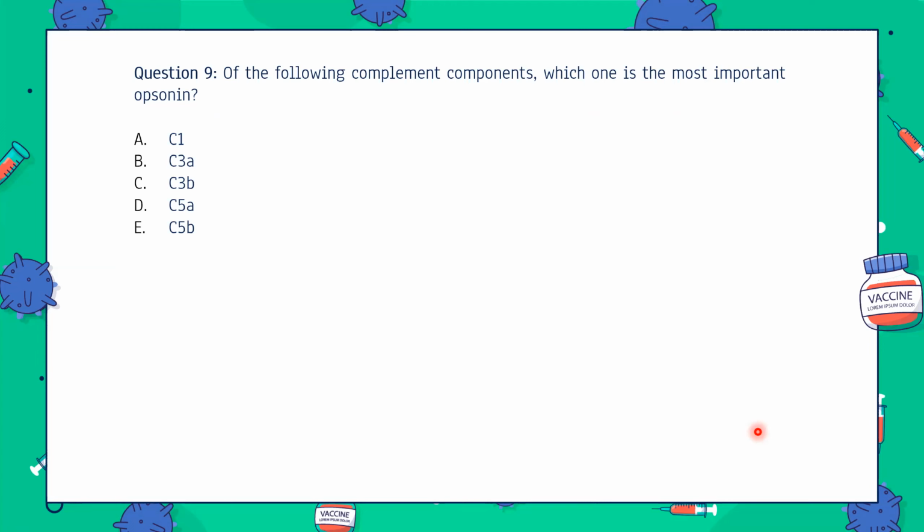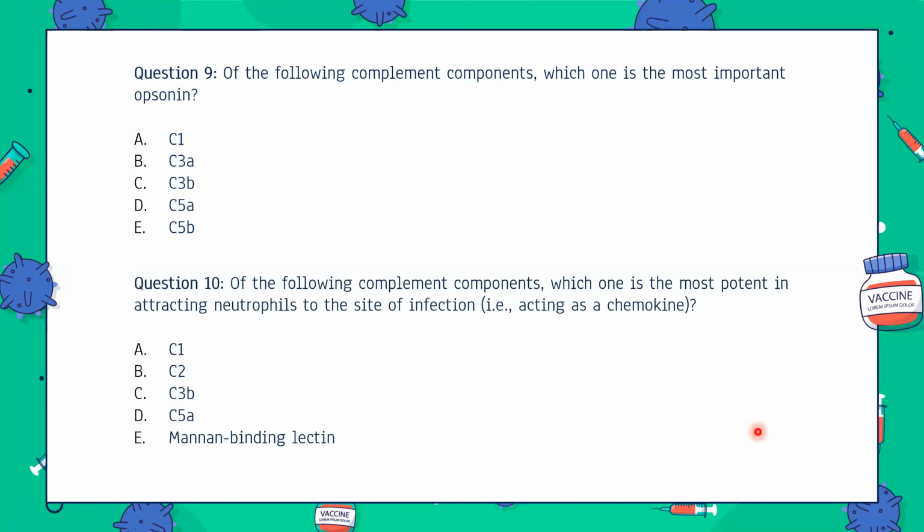All right, perfect. What other opsonin do we have from our complement cascade? C4b, exactly. Next question.